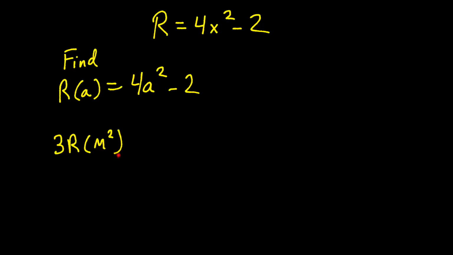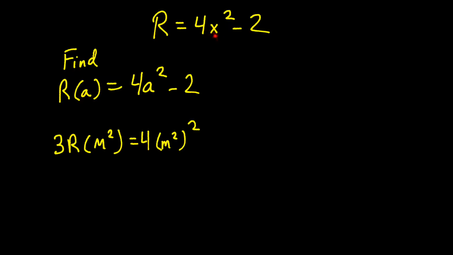This one's similar. We've got an m squared this time, which we're going to have to use some of our exponent abilities. But then you notice I've also got a 3 in front of that. Well, first let's take care of this. Let's do our inputting with the m's. So that's going to give me 4 times m squared, and we got to put this here.